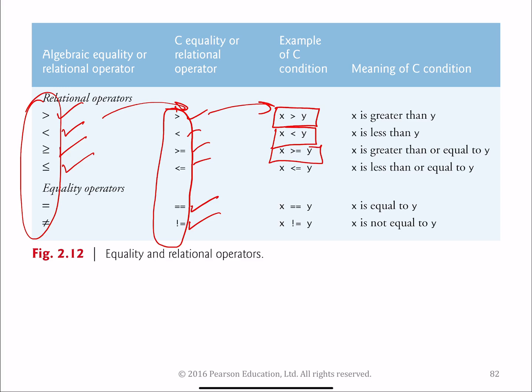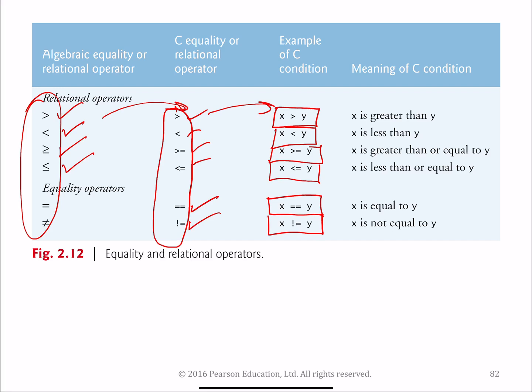Want to check if x is less than or equal to y, you would use this expression. You want to check if x is equal to y, you use this, and I'll talk about this a little more. And if you want to check if x is not equal to y, you use this expression over here.